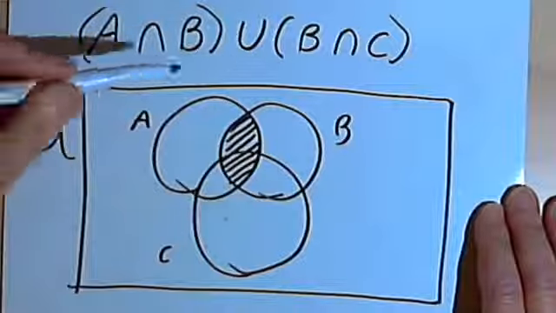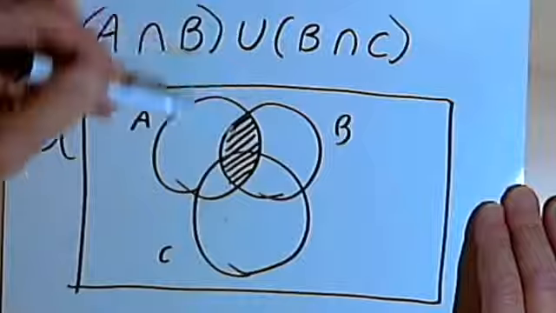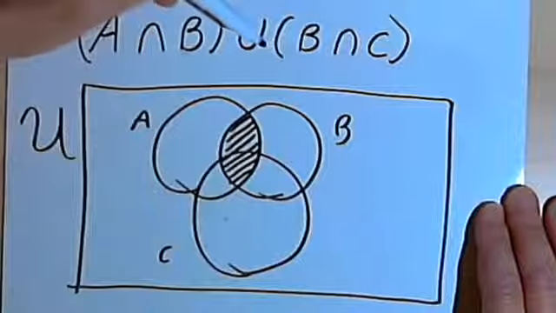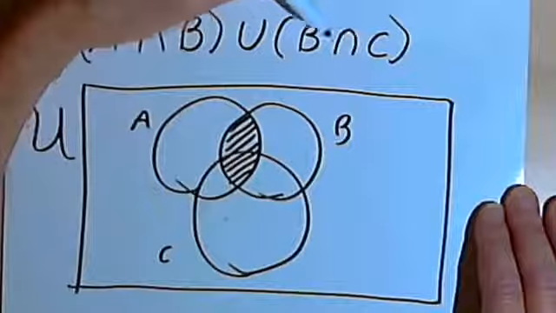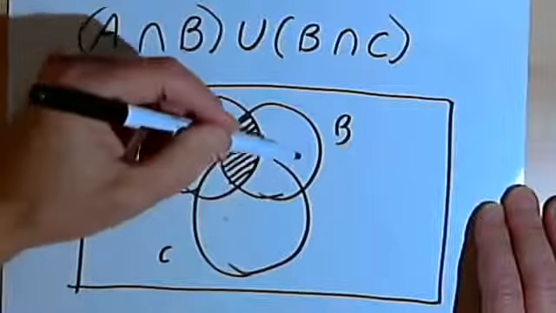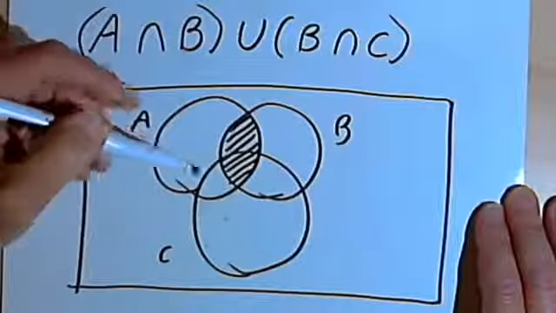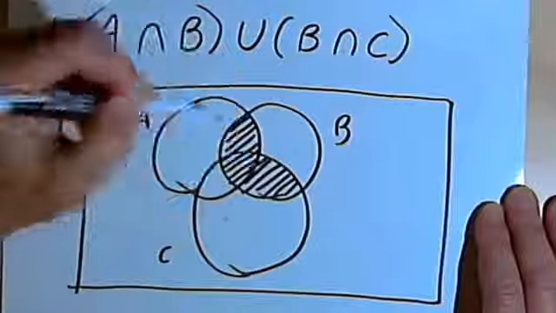And then I want the union of that. Since it's going to be a union, I won't have to erase anything. I'm going to want the union of that with the intersection of B and C. So the intersection of B and C is going to be the overlapping area for B and C, which will be this.